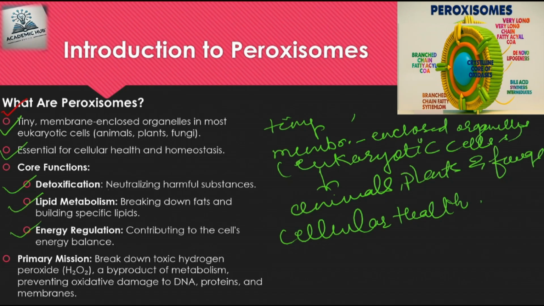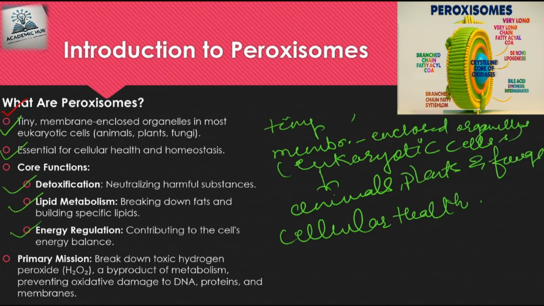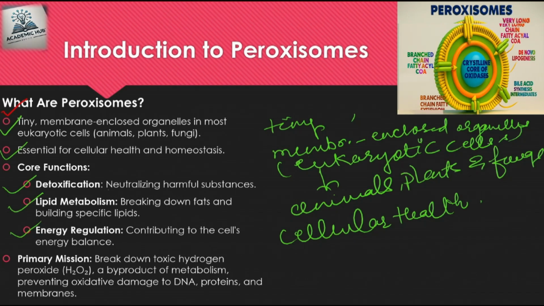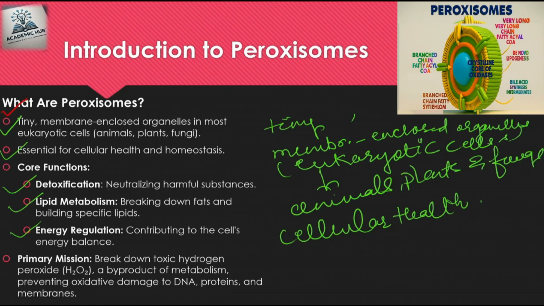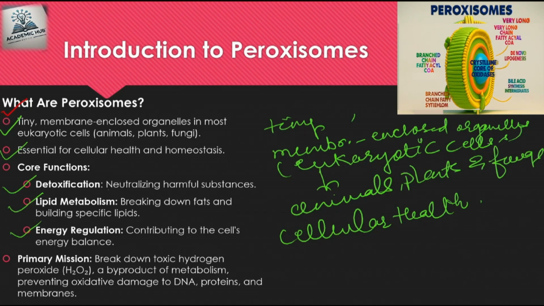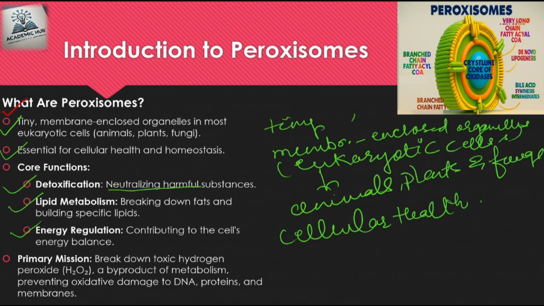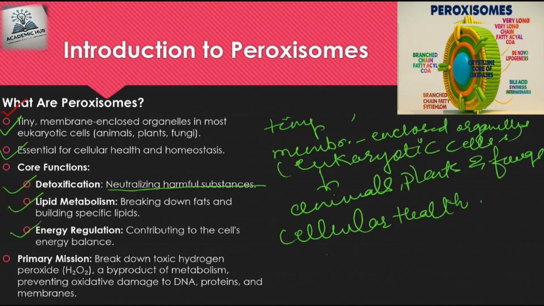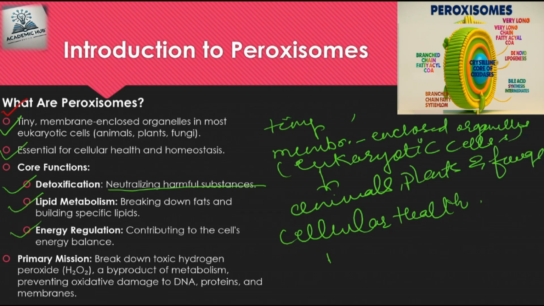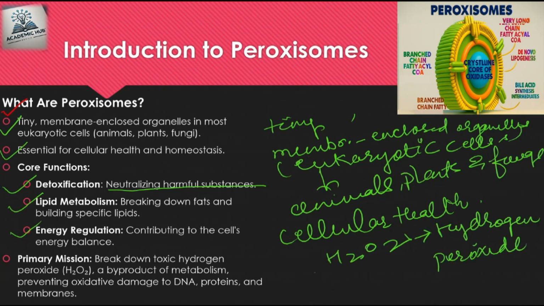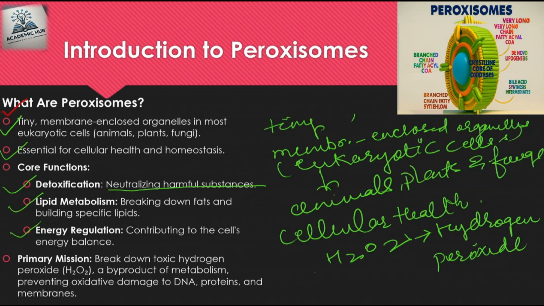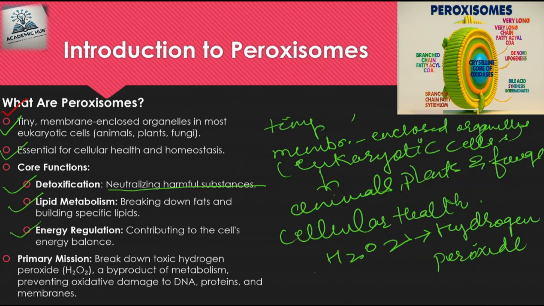Detoxification: how peroxisomes detoxify waste components. A primary and highly critical function of peroxisomes is neutralizing hazardous substances, most notably hydrogen peroxide, H2O2, which is a toxic byproduct generated during normal metabolic activity within the cell.